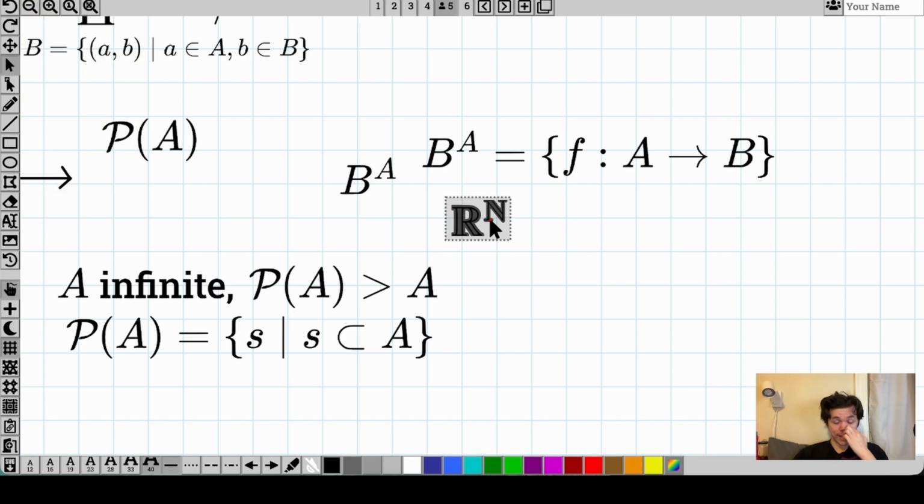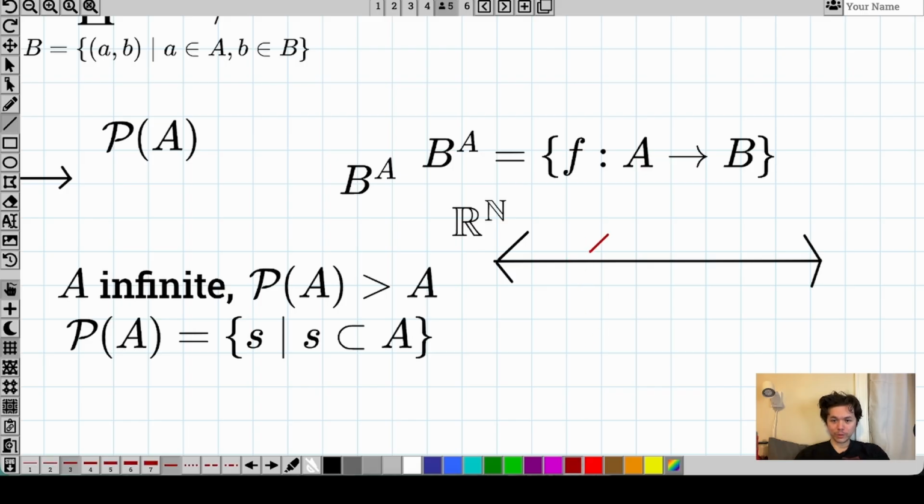This is precisely functions from the natural numbers to the real numbers. And what are functions from the natural numbers to the real numbers? Those are sequences in the real numbers. So now we can talk about, if we're in the real numbers, sequences of points, and then you can take a subset of this.